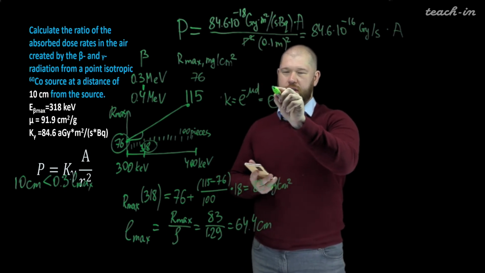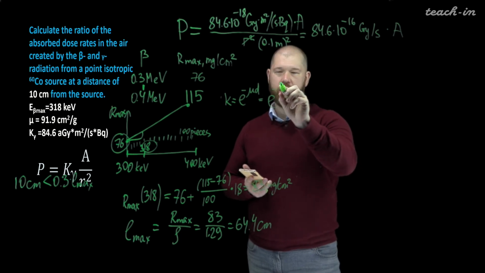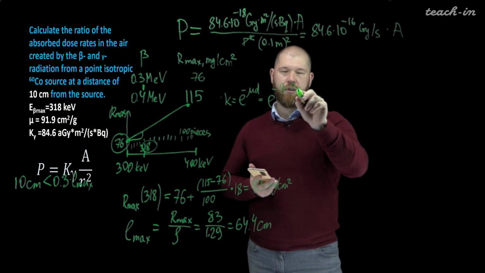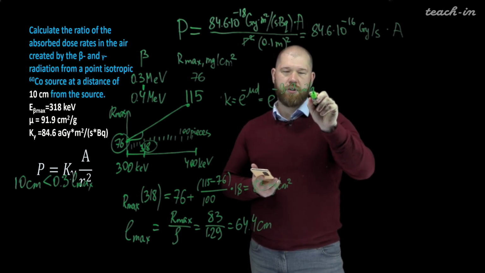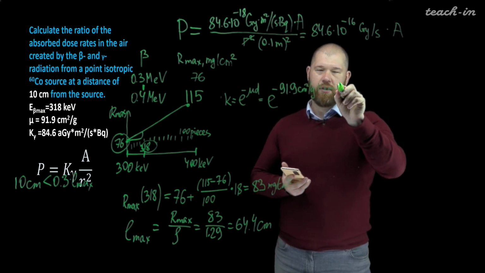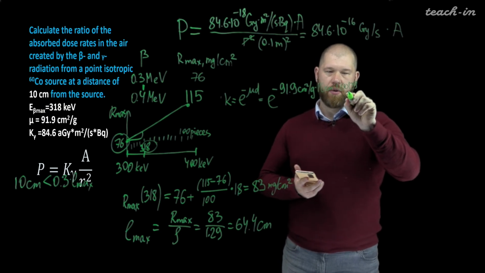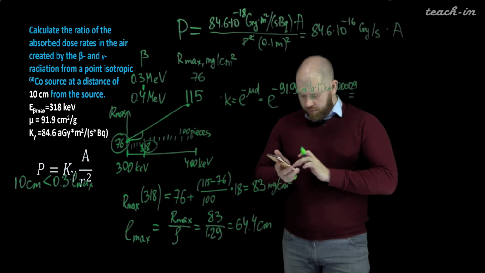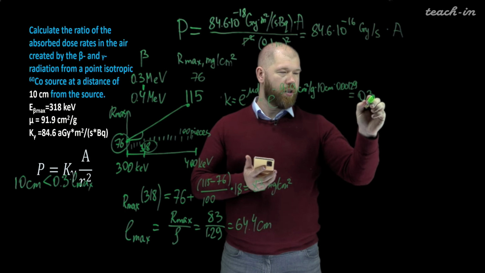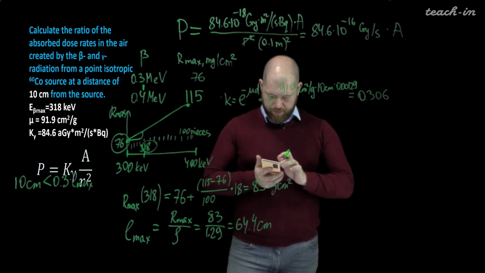So we will take our mass attenuation coefficient, 99.9 centimeters per gram squared centimeters, multiplied by the distance and by the density of air. So it will be 0.306. Okay.